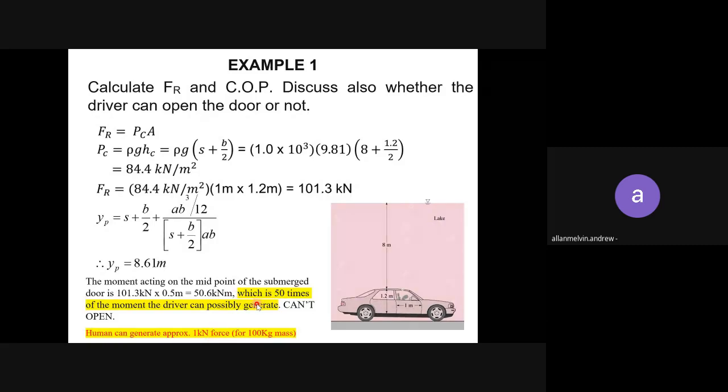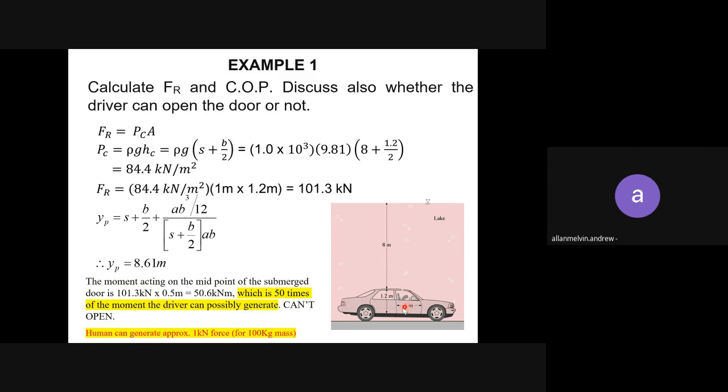So you are only generating about one-hundredth of the moment. So meaning, in order to compensate with this, you cannot, because the driver can only generate approximately 1 kilonewton of force. So you cannot open the door.